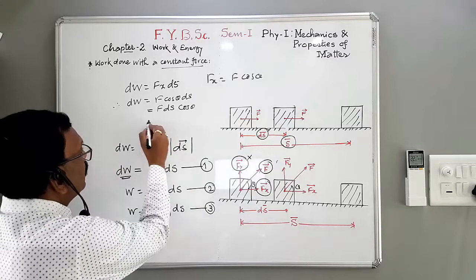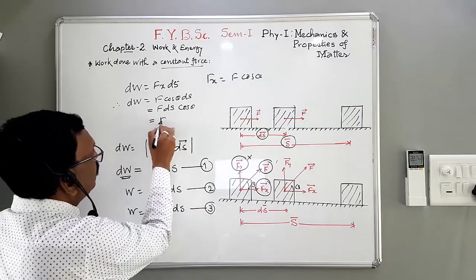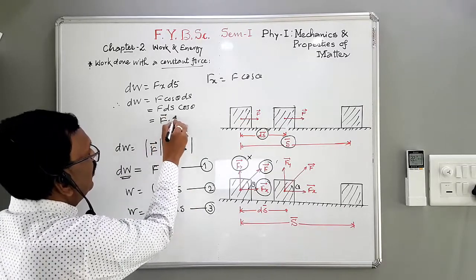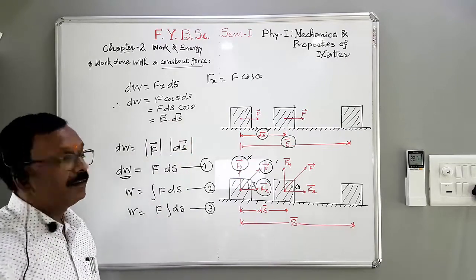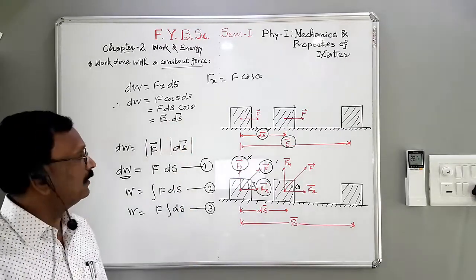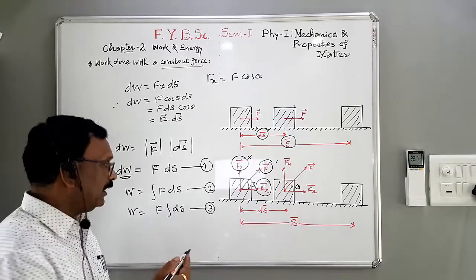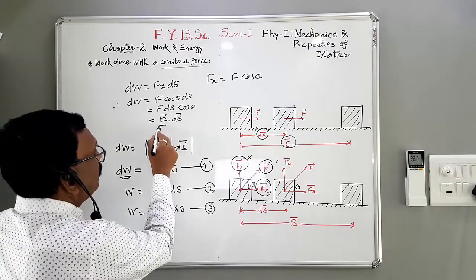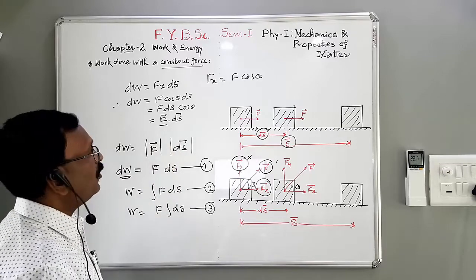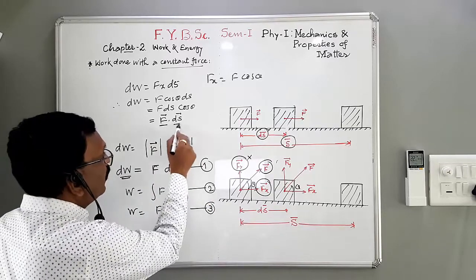Now instead of this we can write F into ds, vector F dot vector ds, because we already studied in 12th science and in previous lecture also, vector F, that is force, and another quantity ds.